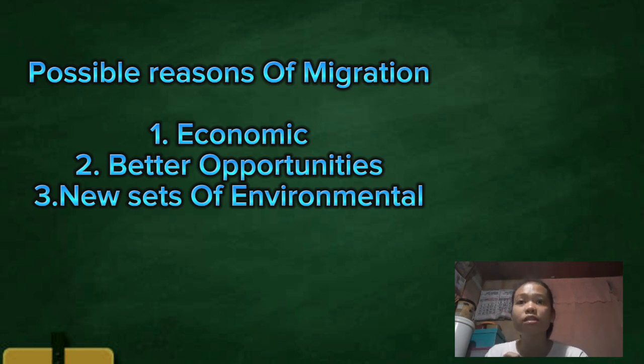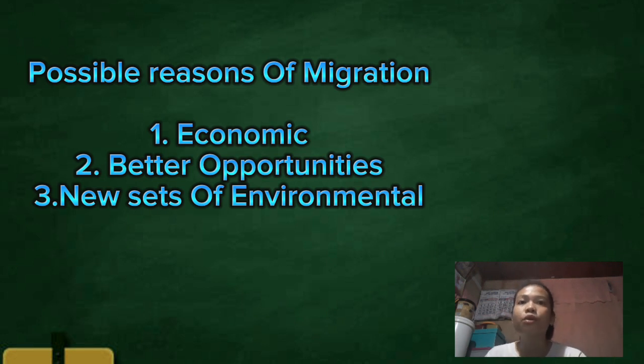Migration can have positive or negative impacts on the migrants themselves, their families, and their communities as they leave behind and settle in. So the positive first is to have better opportunities, a higher salary income, and better services.